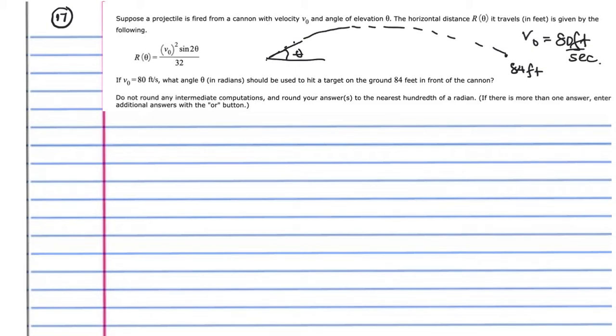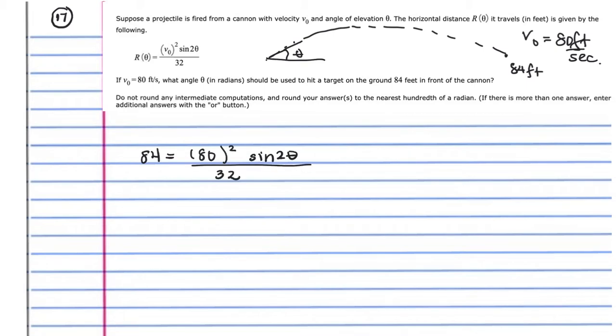Since R of theta is the horizontal distance, we're going to replace R of theta with 84 feet and then solve for theta. So we have 84 feet equals v0 squared, and we're also going to replace the v0, so we put in 80 feet per second squared times sine of 2 theta all over 32.